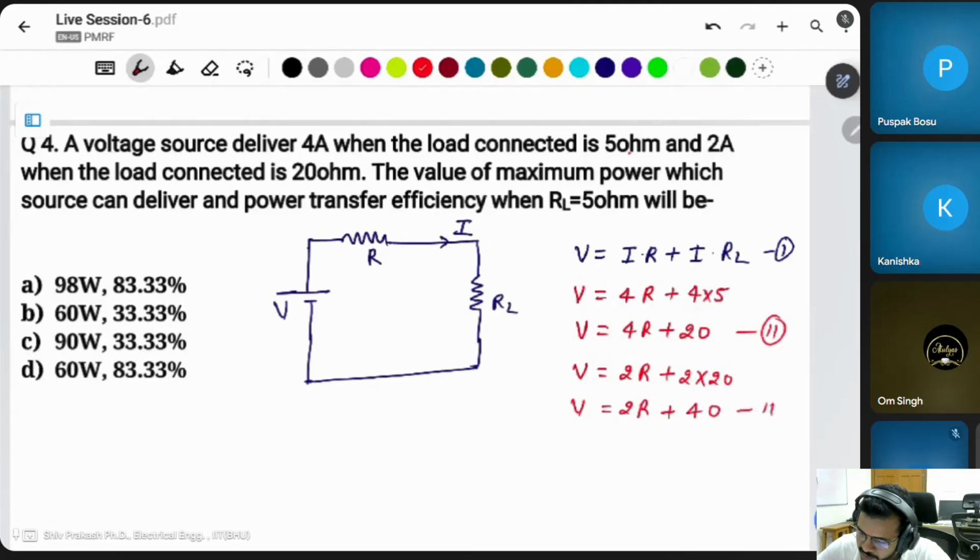This is equation number three. Then subtract equation two minus equation three. Then V cancels out. 4 minus 2 is 2R, 20 minus 40 is equal to minus 20. Then in this case R is equal to 10 ohm.